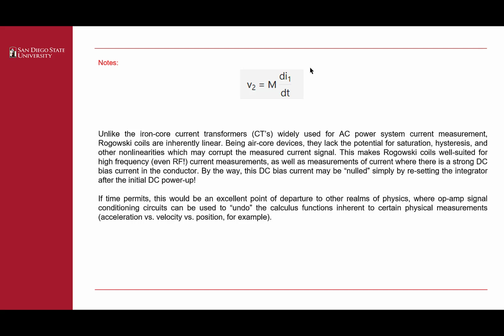By the way, this DC bias current may be nulled simply by resetting the integrator after the initial DC power up. So let's not get lost in these details, but as you see, there is a lot of use of calculus in these transformers.